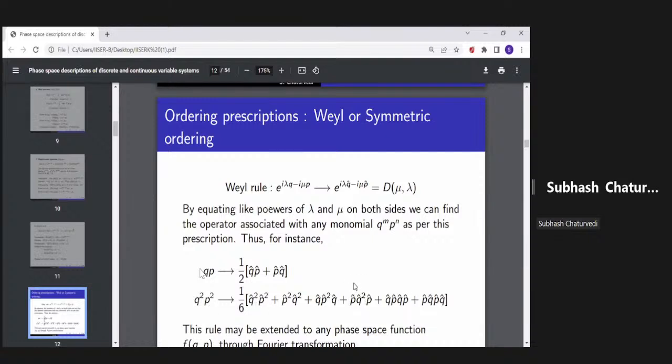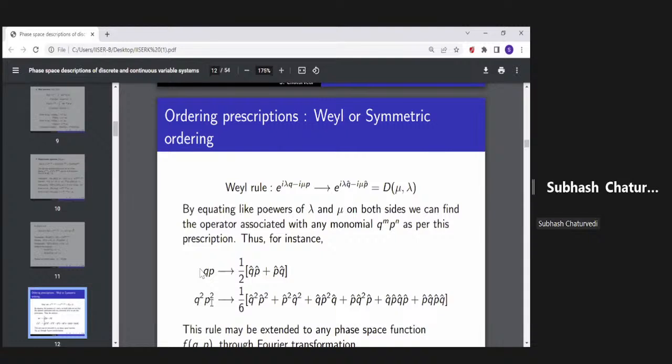It's called symmetric ordering, but remember that it is a special kind of symmetrization induced by the correspondence that we have given here. For example, q squared p squared is q q p p.